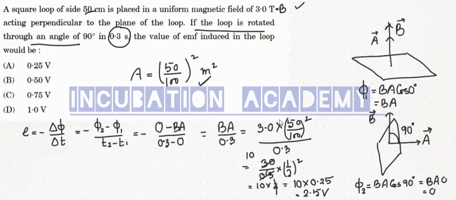So B is 3.0, 50 by 100, and 0.3. 3 by 0.3 becomes 30 by 3, which is simply 10, and 50 by 100 is 1 by 2, so 1 by 2 square is 1 by 4, which is 0.25. So it is 2.5 volt. The decimal point is a little bit off, but the answer is 2.5 volt.